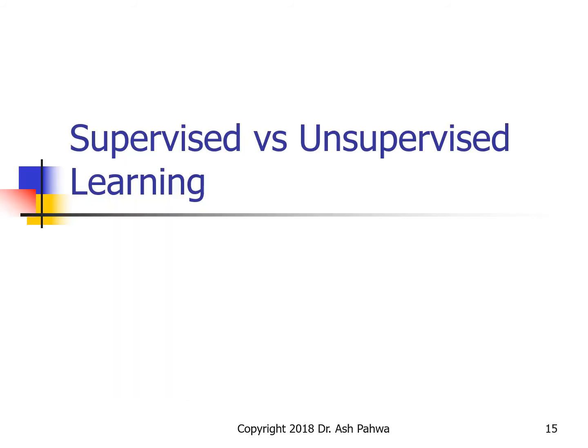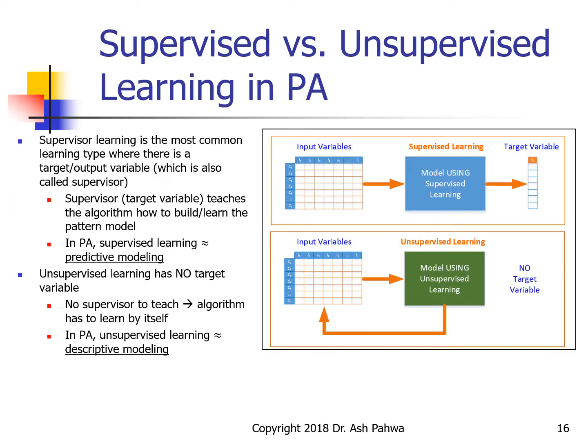The next strategy that we can use to classify our modeling methods is supervised or unsupervised learning. In a supervised learning method, we have a target variable or a response variable, whereas in an unsupervised learning method, we do not have a target variable. That is the only thing that is different between supervised and unsupervised learning. The target variable or response variable is called a supervisor.